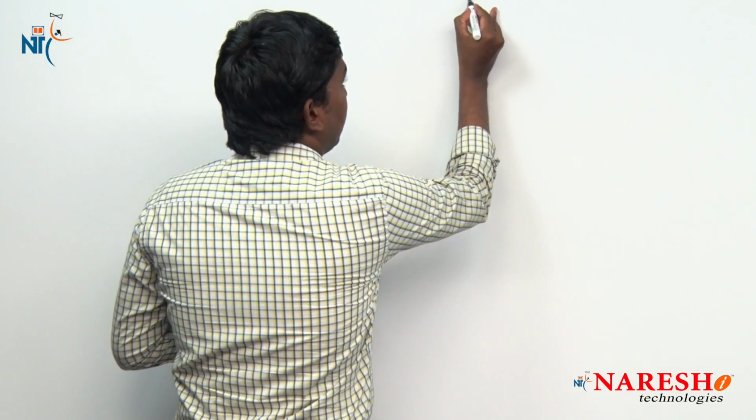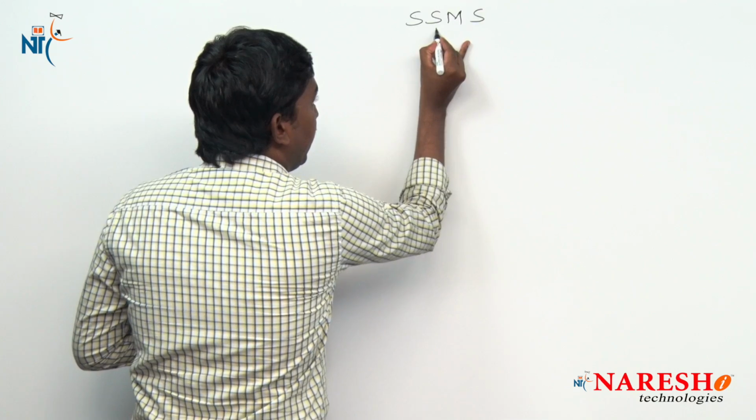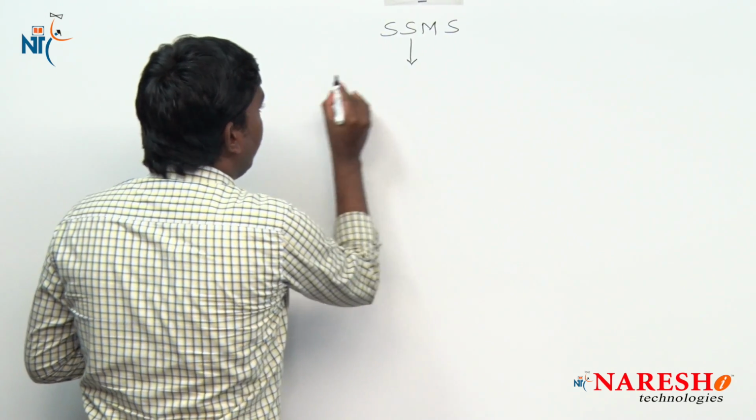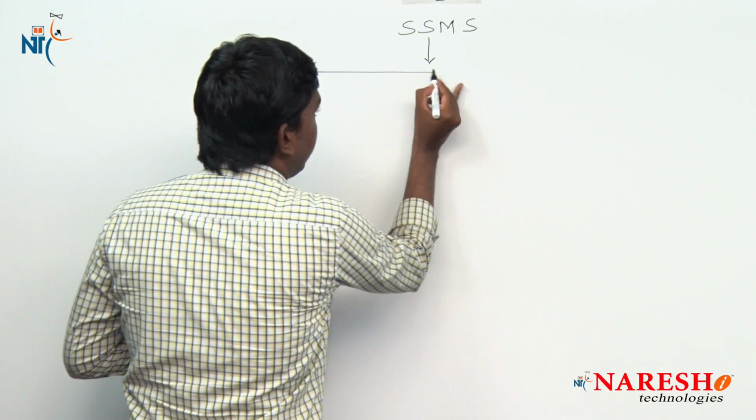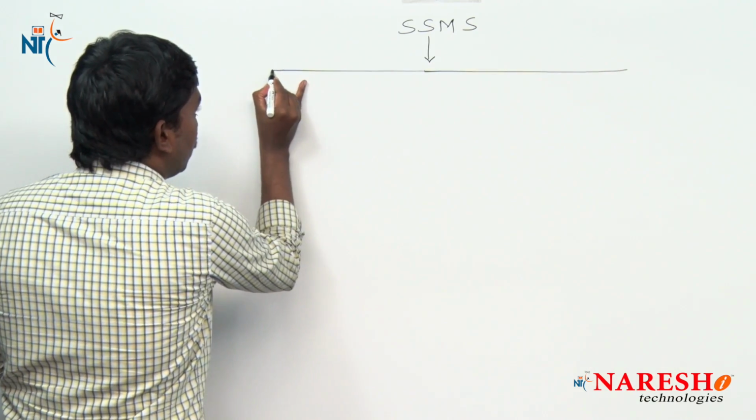So now we will see that after installation you get the SSMS tool or icon. Once I click on this icon, I will show you diagrammatically what happens. So once the user clicks on the SSMS icon, immediately one window will be displayed, and this window name is Connect to Server.